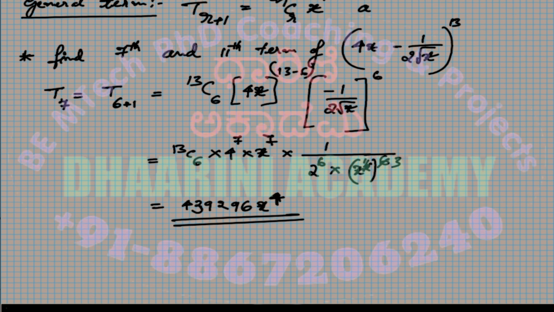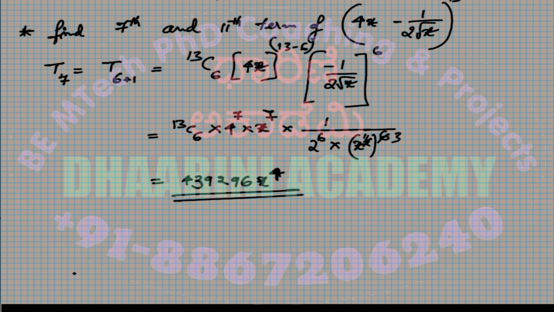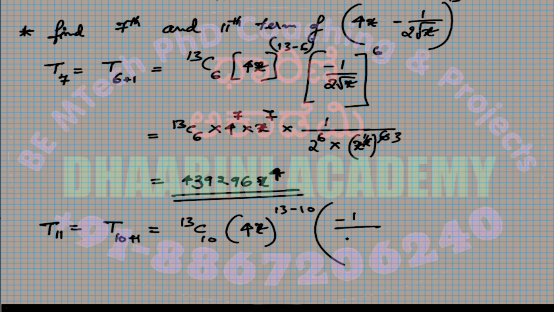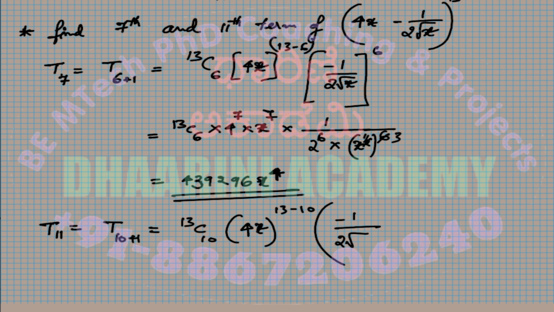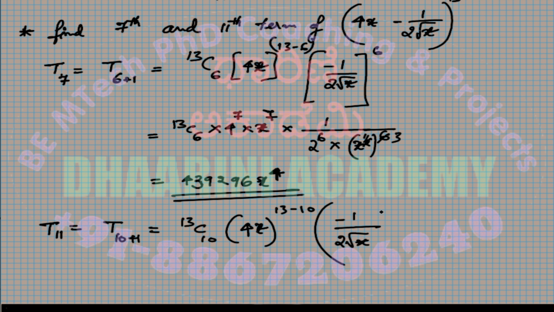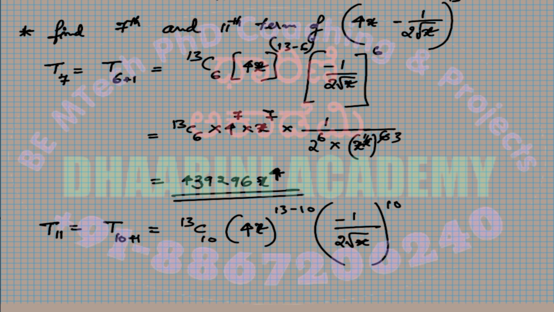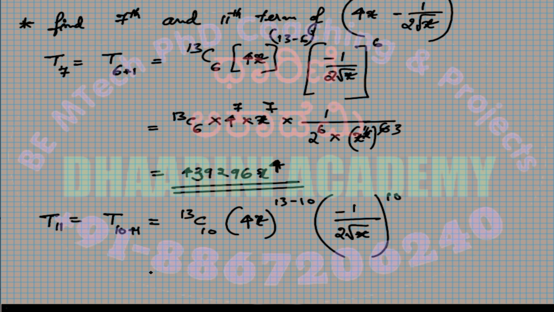Very similar to this now, we have to calculate the next term, that is T11. T11 can be written as T10 plus 1. So my expansion is 13C10 into 4x raised to the power 13 minus 10 into minus 1 divided by 2 root x raised to the power 10, in a very similar fashion to the previous one.